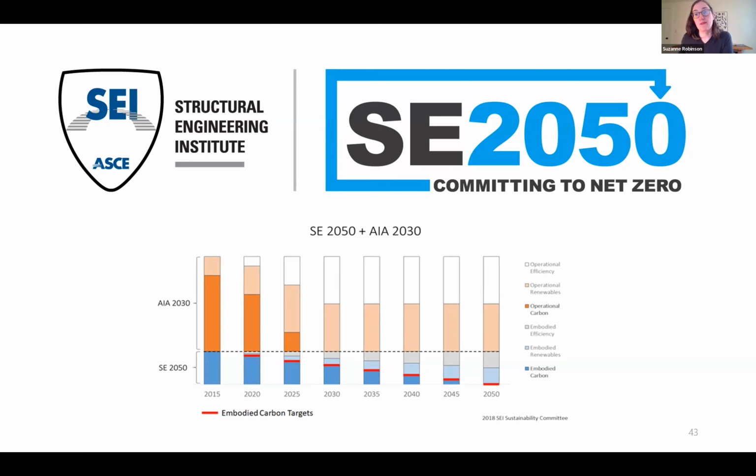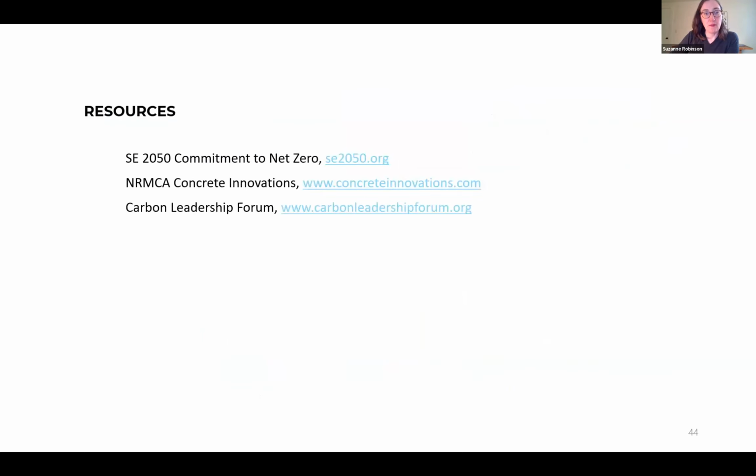And so there's a lot more information that is available on SE 2050's website. I did put some quick resources of some of the things I've talked about here that are useful for everyone.